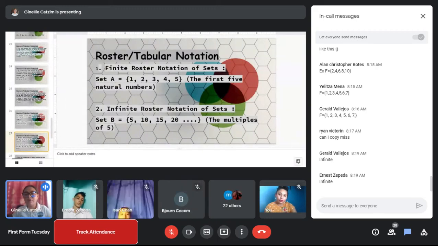The multiples of 5 as well as the multiples of 7 are infinite. We cannot say that the last multiple of 7 is 70, right? So that should have had those recurring dots. Why? Because the set is infinite. So the notation should look something like what we have there in set B.